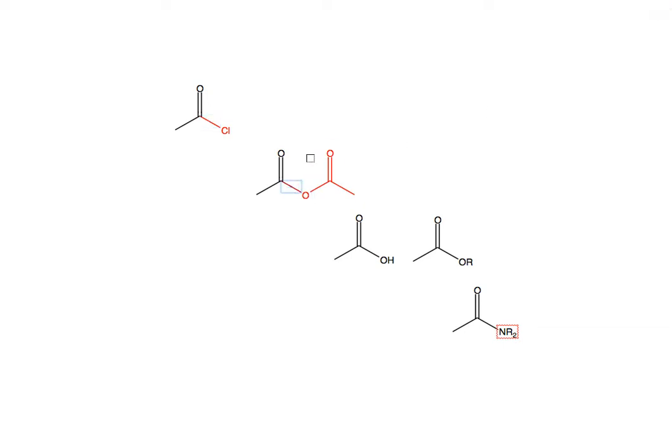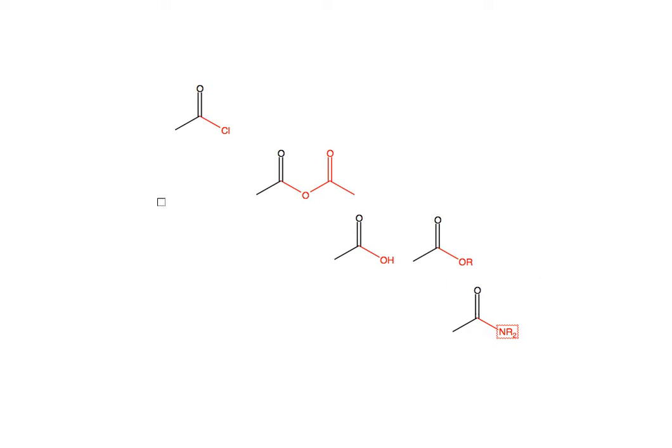The whole acetate group here can leave in the acid anhydride. The OH can leave, generally with the help of another reagent or a proton. Likewise, the OR in an ester can leave, normally with protonation as a leaving group. And finally, the nitrogen group could potentially leave as a leaving group.